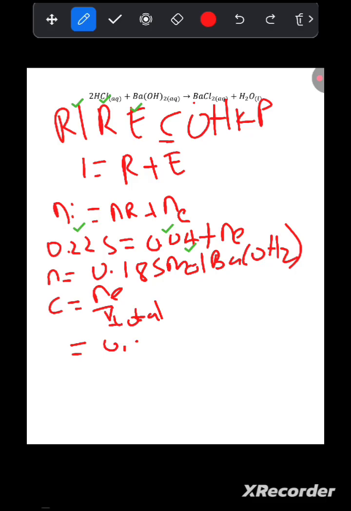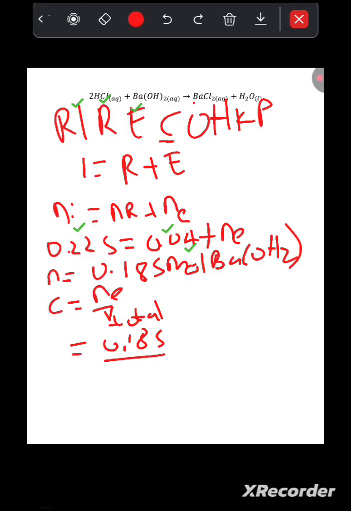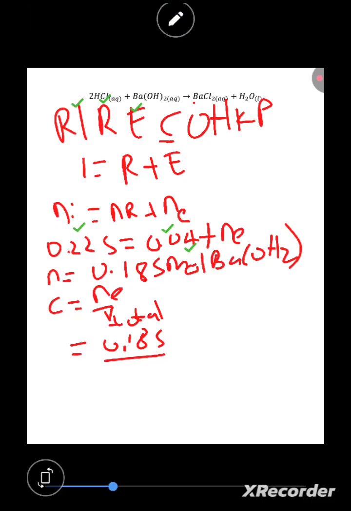So 0.185 divided by the volume. Let me check the volumes.